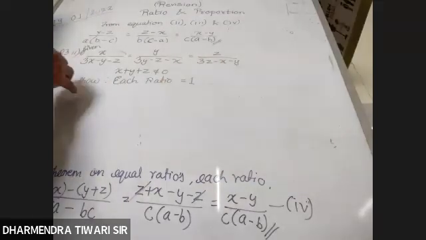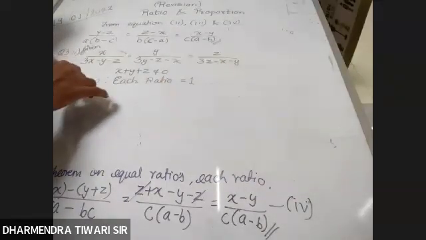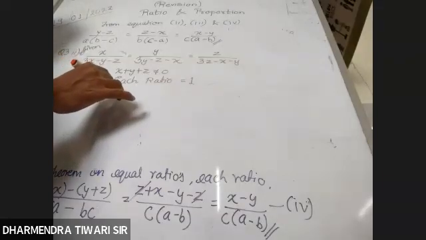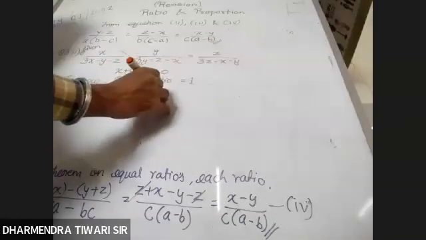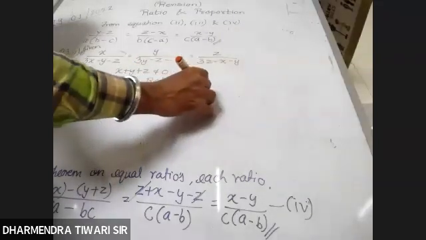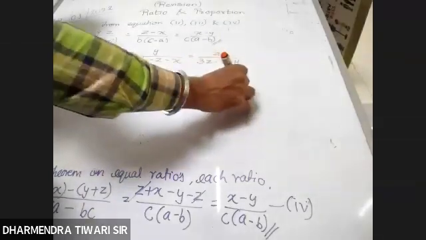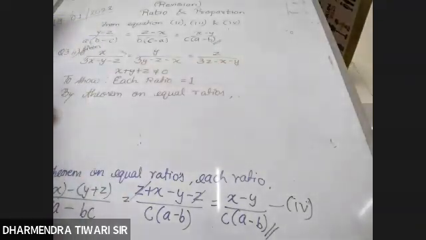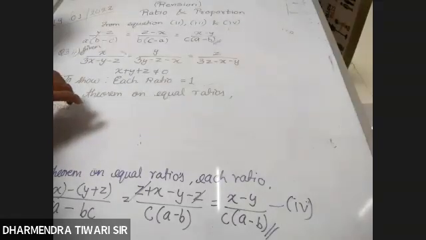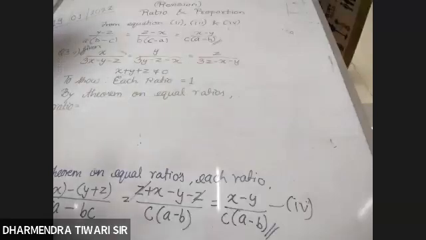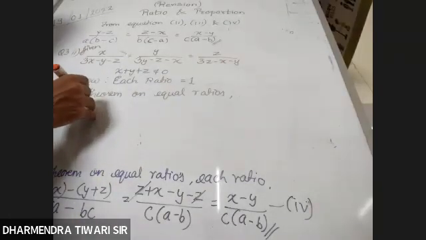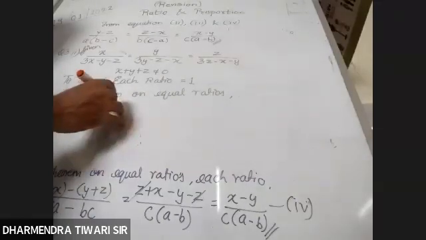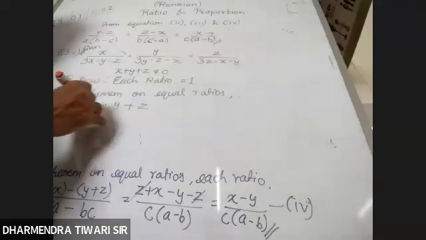So by theorem on equal ratios, we will write here each ratio is equal to, just need to add this, x plus y plus z upon.